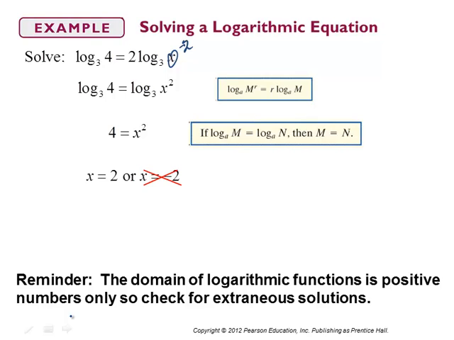By plugging them back in. Any questions so far about solving these equations? Okay. So the one and only solution is going to be 2.